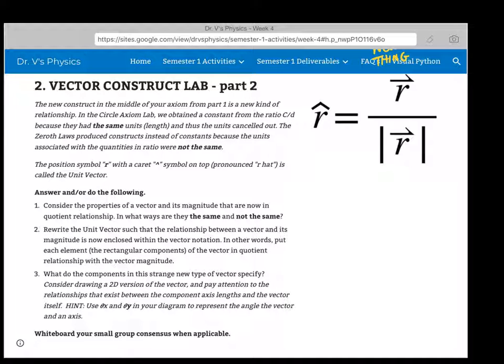So the unit vector, my point here is the y part and the z part are all going to have the same feature. They are trigonometric relationships that specify an angle. So the x part of this vector is a cosine of an angle.